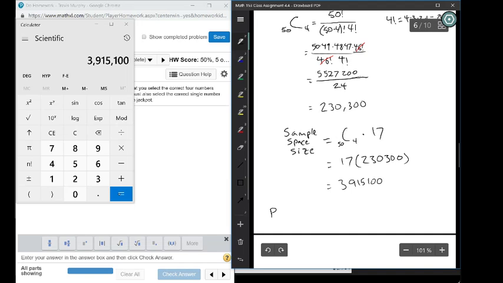So the probability of winning the lottery here is 1 over 3,915,100.